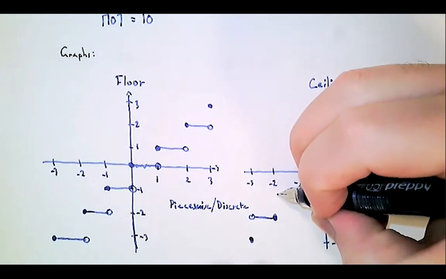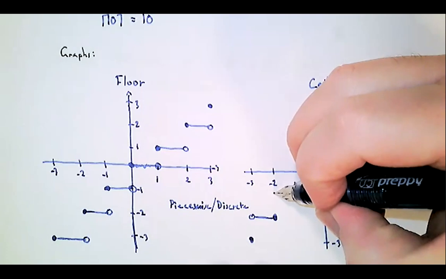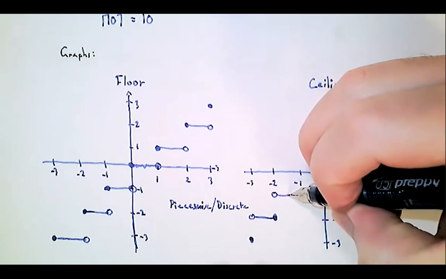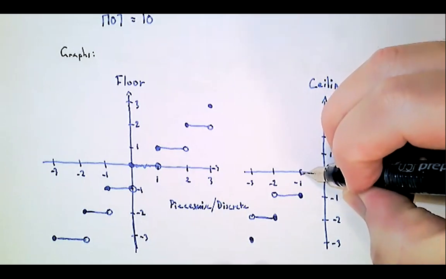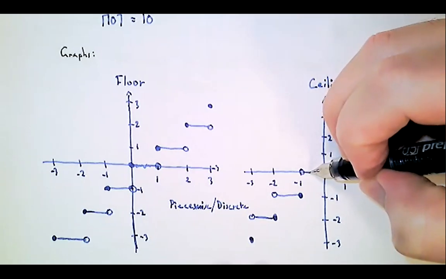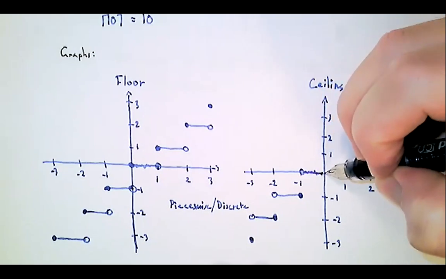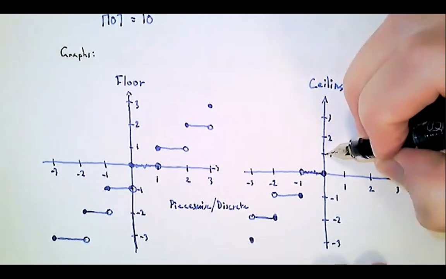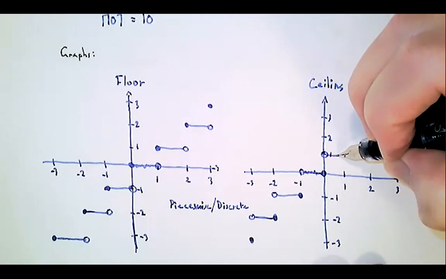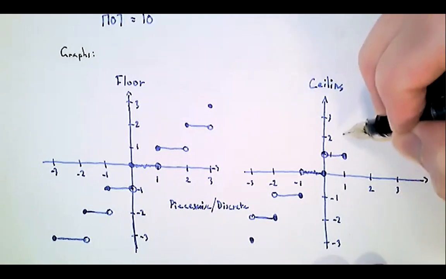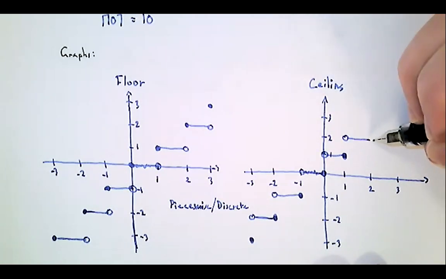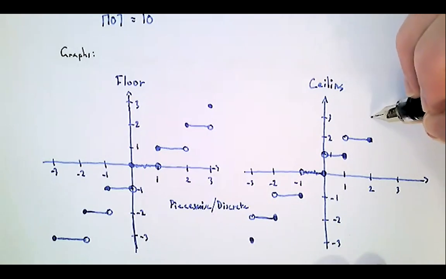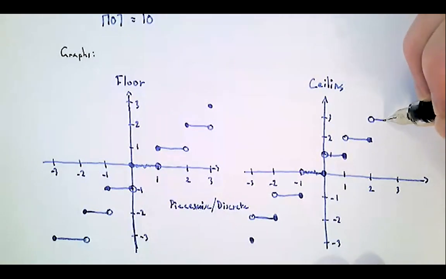If we plug in a number between -2 and -1, its ceiling is always -1. We plug in a number between -1 and 0, its ceiling is always 0, and so on and so forth. And then just finish off our little graph here. Like so.